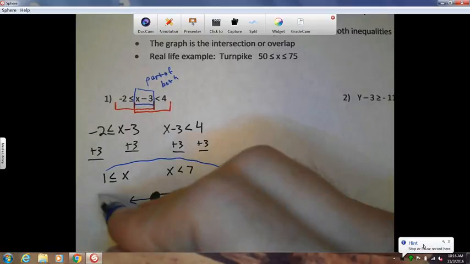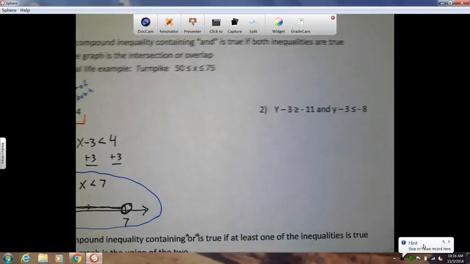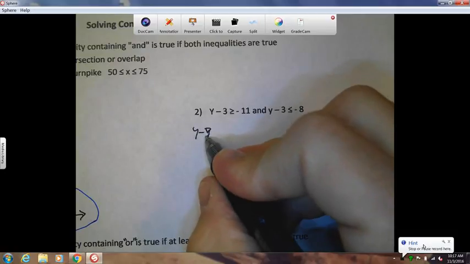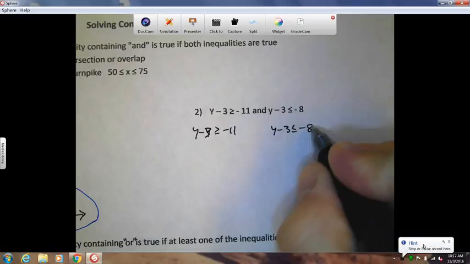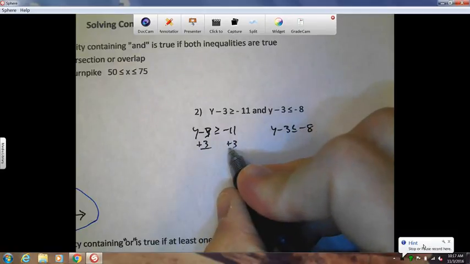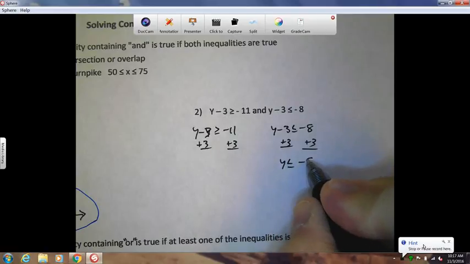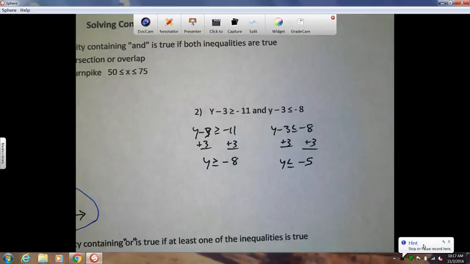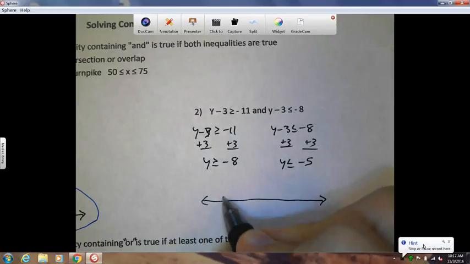Okay, looking at number 2. These are already split up, so all I need to do is graph them. Or I need to solve, then graph. So I'm going to add 3. Pay close attention to negative numbers and placement.